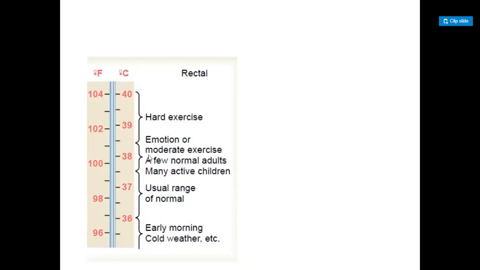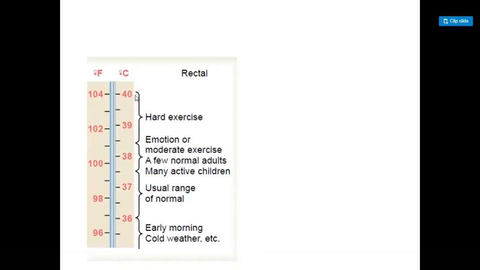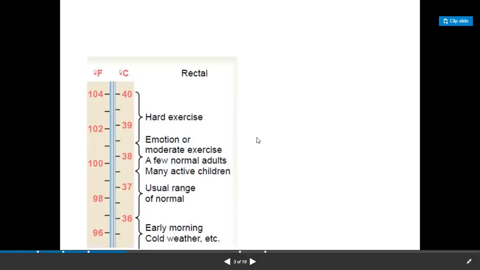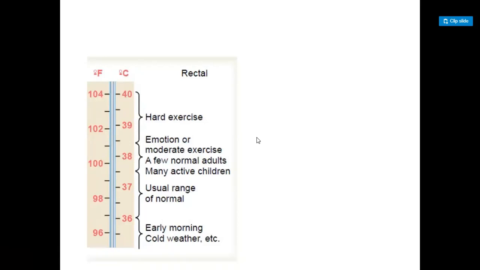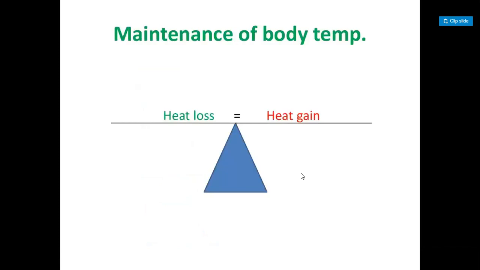There's an increase in metabolic activities in your body that increases your temperature. But when you do severe exercise, temperature rises up to 40 degrees, okay? But when your temperature rises to 40 degrees when you are at rest, not doing exercise, then you know that there's a serious problem that needs to be controlled, okay? So your body has to maintain the temperature.